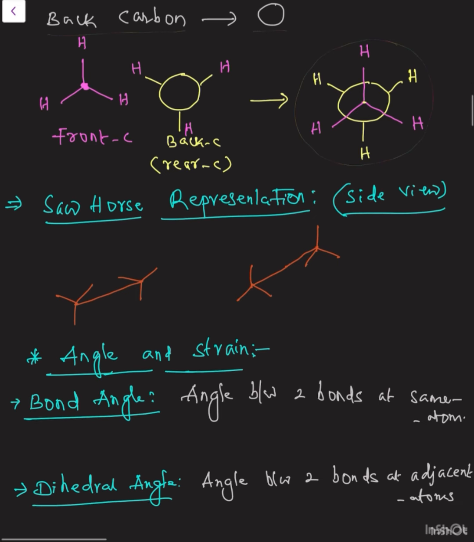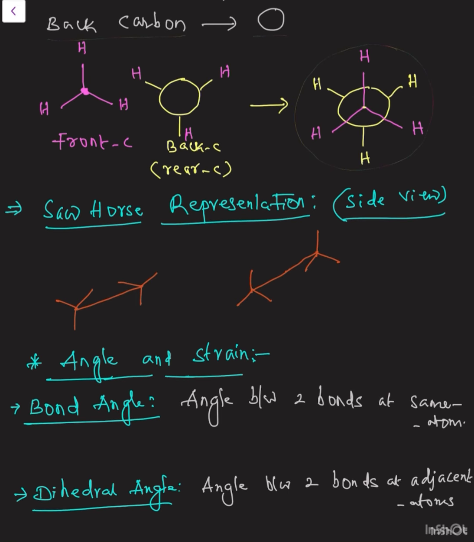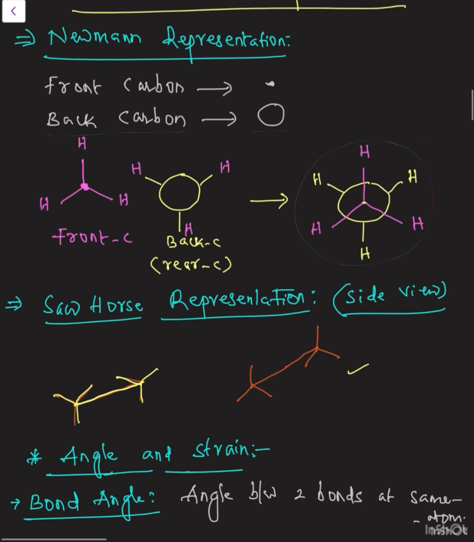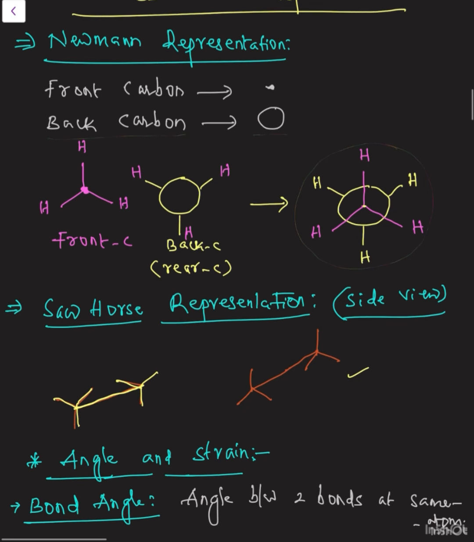Coming to the Sawhorse representation, here we are using lines. A straight line, and around that 3 bonds, 3 are hydrogens. In this way or in this way we can represent. So these are the 2 representations: Newman's representation, and the second one is Sawhorse representation, which is also called side view representation.